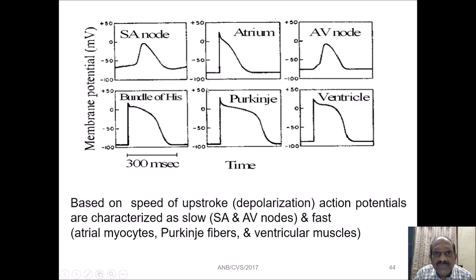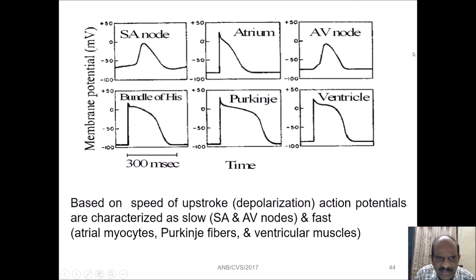What you will find is that a plateau is recorded. However, in the case of the pacemaker action potential, you will find the action potential is slightly different. You will find in the SA node, there is an upstroke followed by a downstroke, a phase of depolarization followed by a slow phase of repolarization, which is observed in the SA node and AV node.